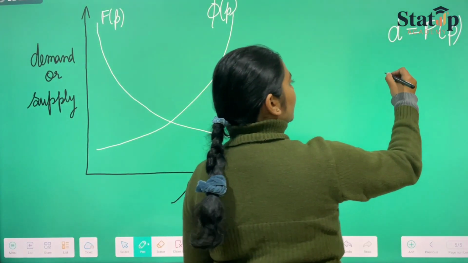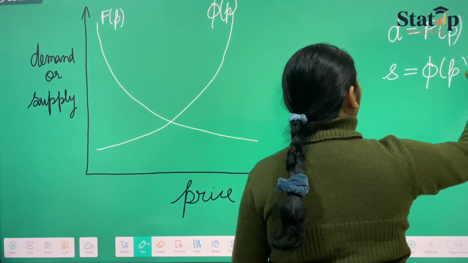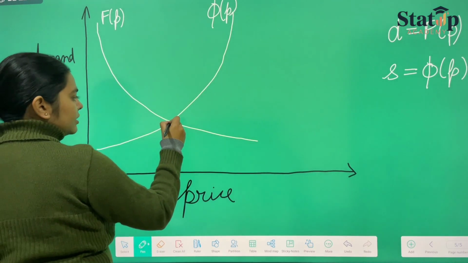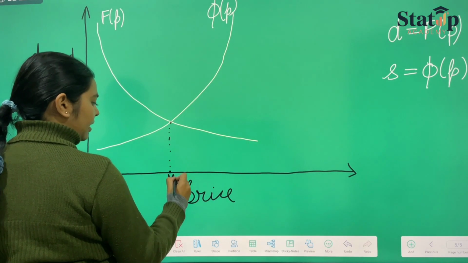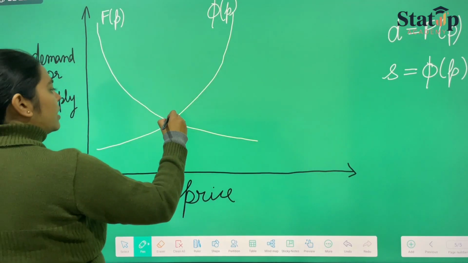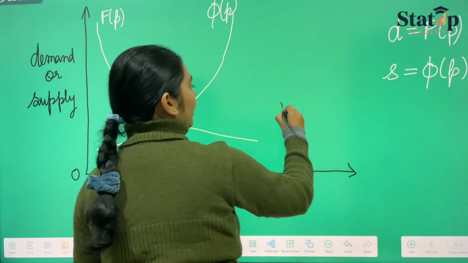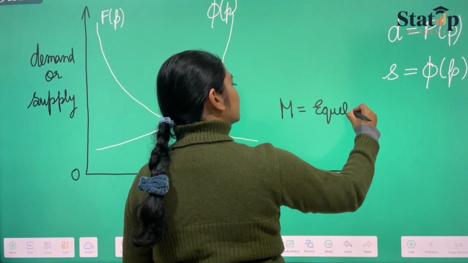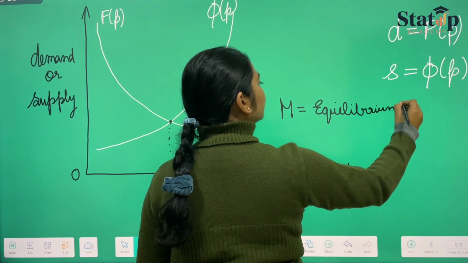The supply function can be written as S equals phi(P). Okay. And the point where they meet, suppose it is M and this is 0. This point M is known as the equilibrium price.